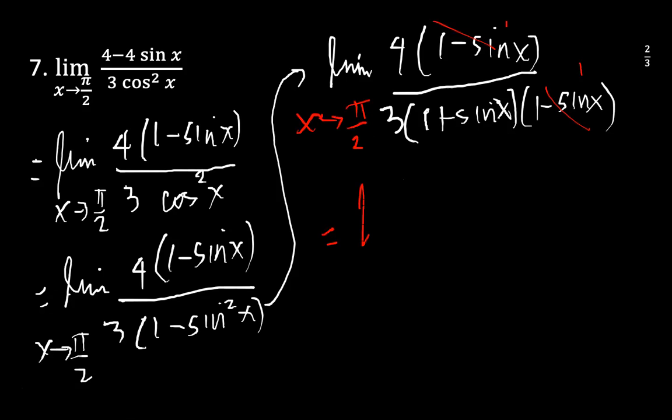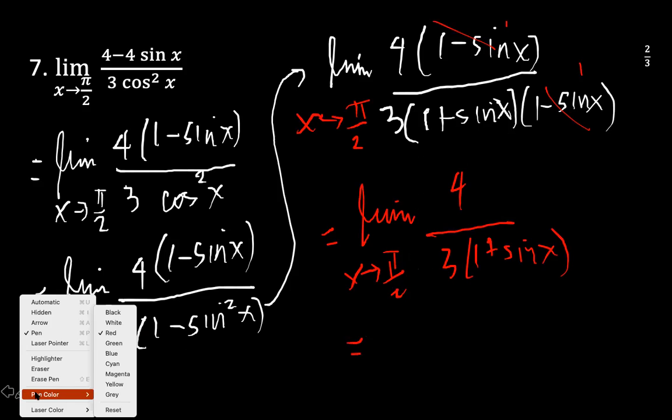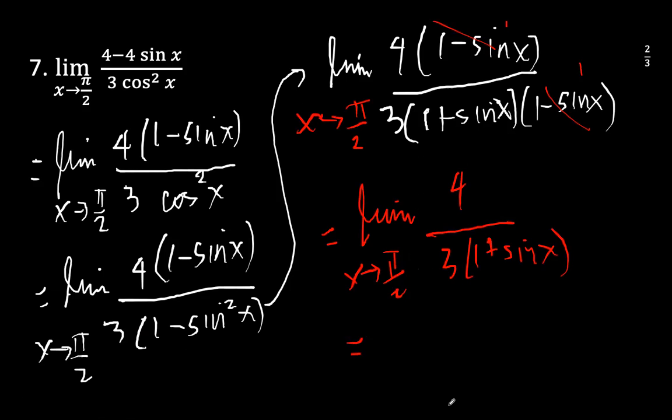Again, pi over 2 is part of the domain of sine x, so we can do direct substitution. 4 over 3 times 1 plus, what is sine pi over 2?